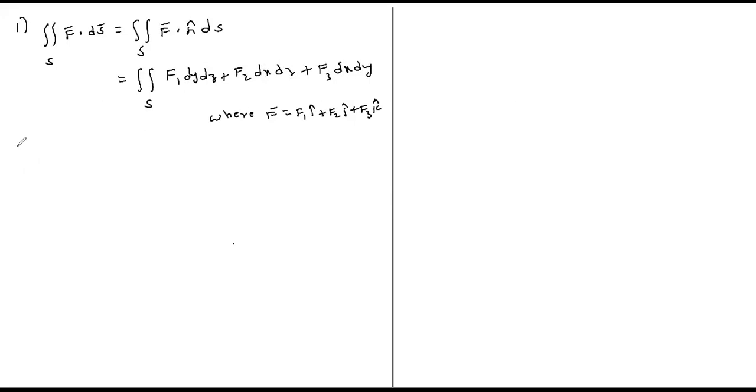And what does the Gauss divergence theorem say? The surface integral over a closed surface of f bar dot n bar ds is equal to the triple integral over D of del dot f bar dv, where D is the region inside the closed surface.